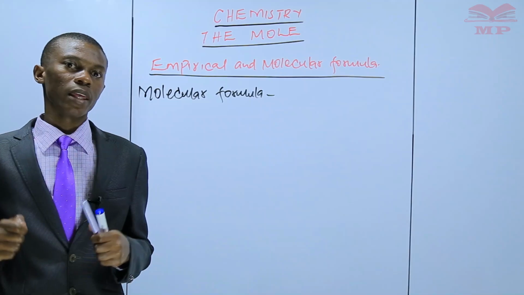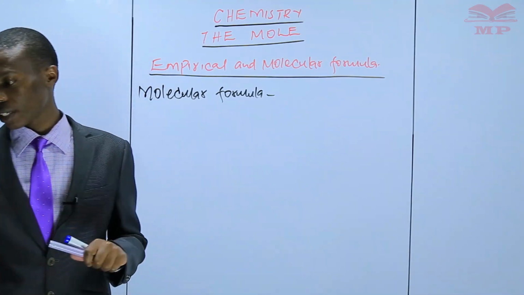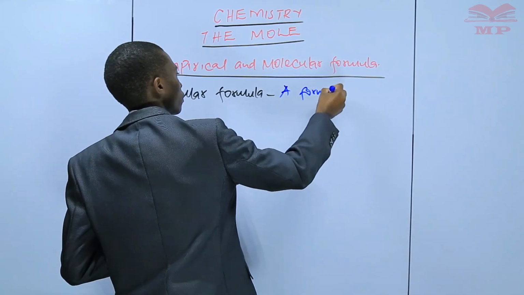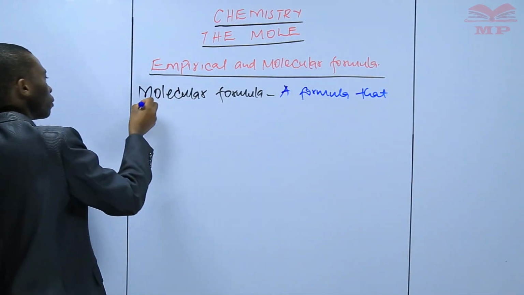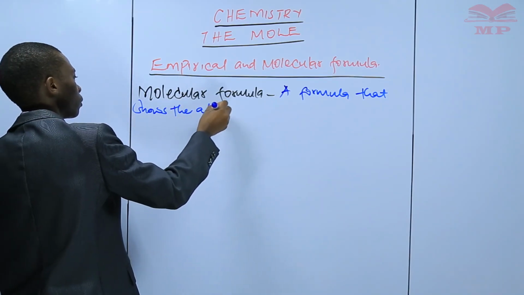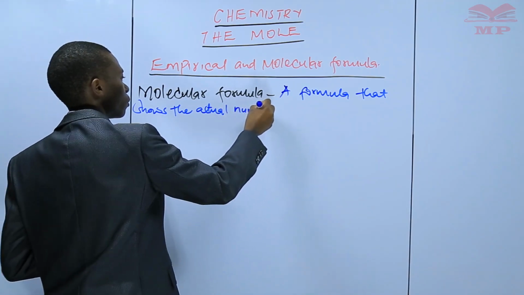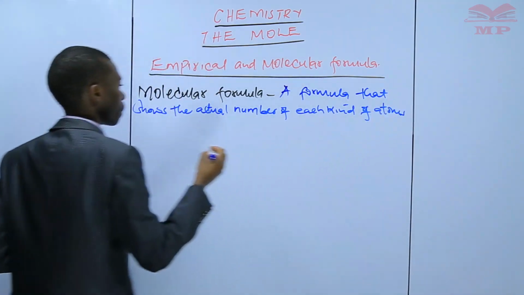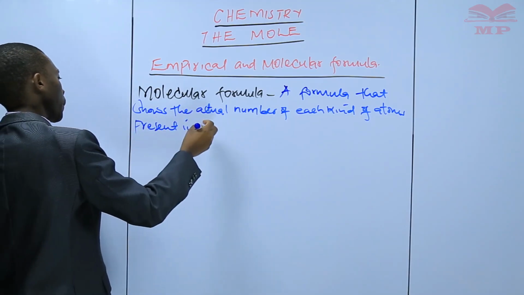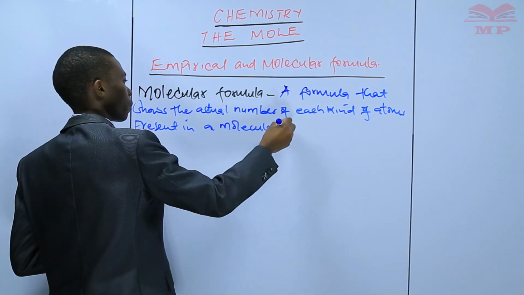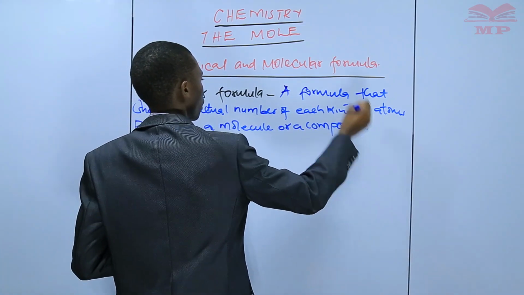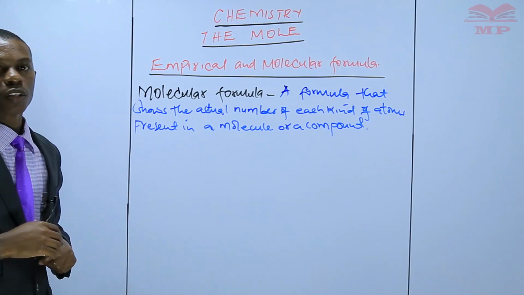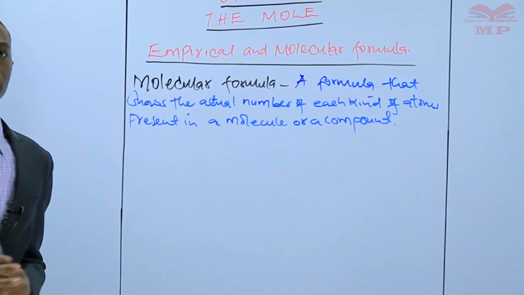A formula showing the actual number of each kind of atoms present in the molecule of a compound. That is what molecular formula is.